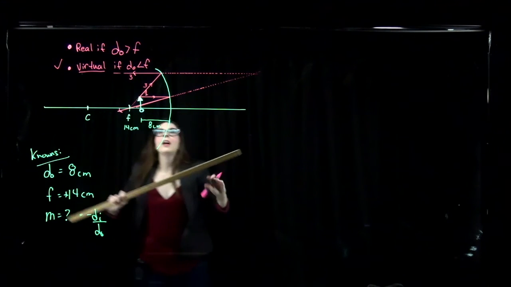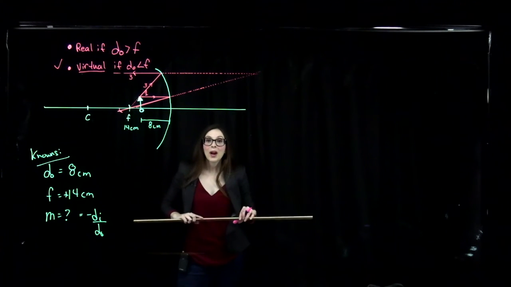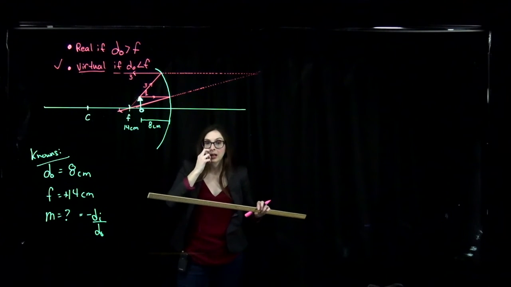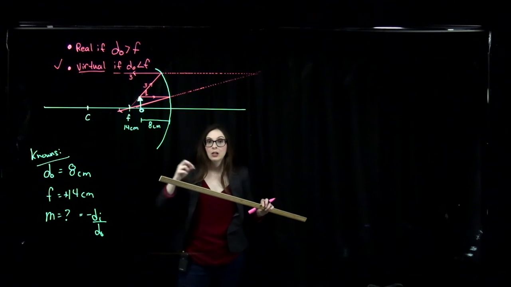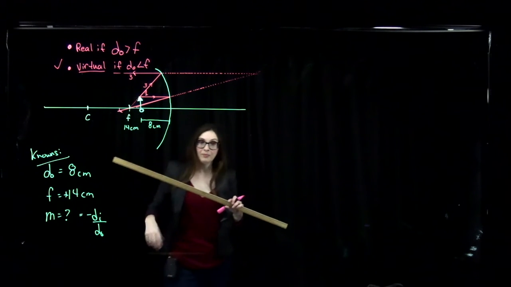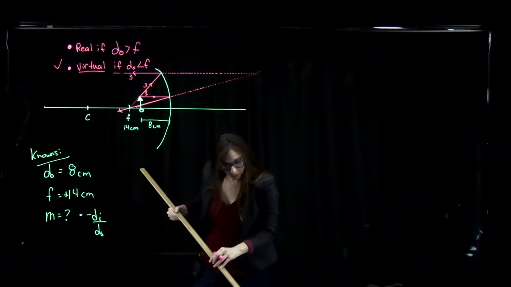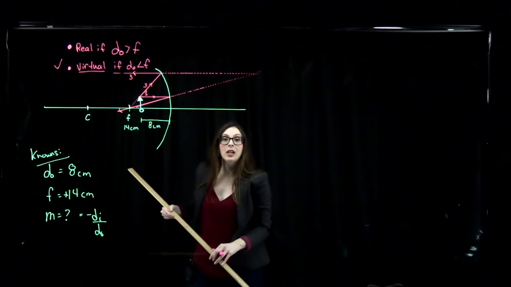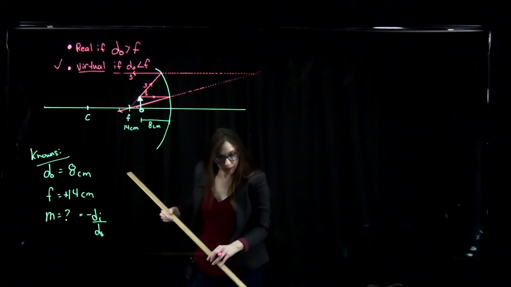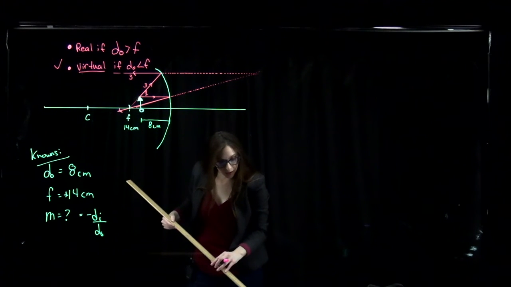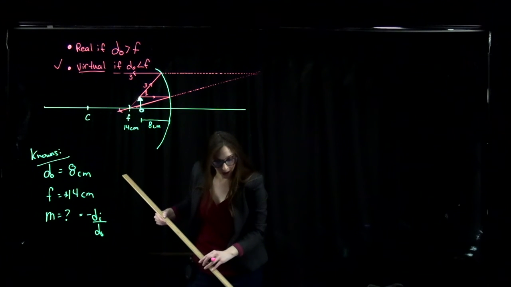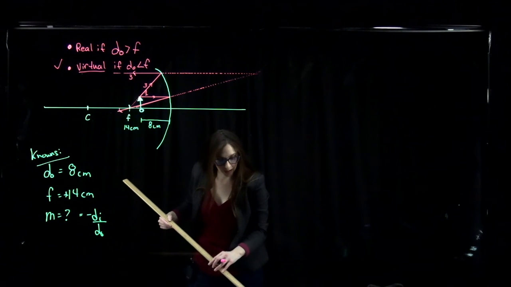Did that one. Before I do the second rule, because the second rule is always the one that's harder for me to do without a protractor. Okay, and the second rule for both, it's the same for both converging and diverging mirrors. A ray striking the center of a mirror is followed by applying the law of reflection.